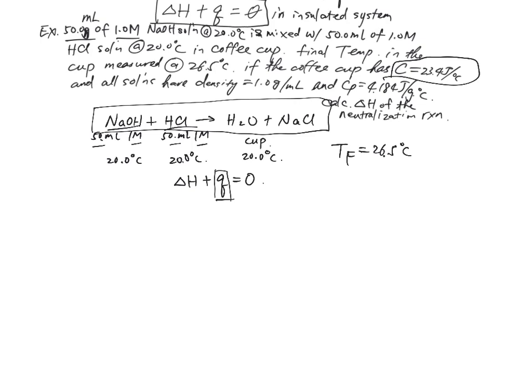So the Q, and those are the only three objects in the system, so the Q is absolutely positive. And for you to make the energy conserved, for you to make the total equal to 0, what does that tell you about your delta H? If this is positive, your delta H must be negative. And if your delta H is negative, what kind of chemical reaction do you have?